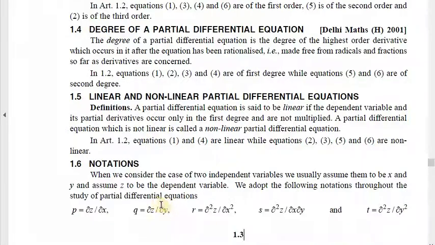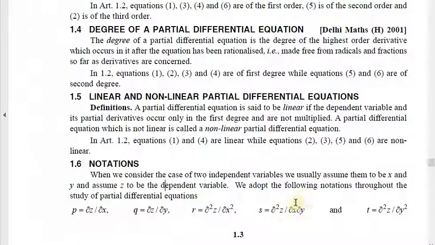Okay, so these notations are very important. Whenever you have a dependent variable z with two independent variables x and y, del z by del x is denoted by small p, and del z by del y is denoted by q. The second order partial derivative of z with respect to x is denoted by r.